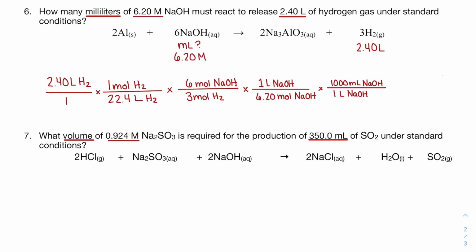Make sure that you're either putting that in parentheses, hitting divided by, and then putting parentheses around 22.4 times 3 times 6.20, or take your answer from the top and individually divide by the numbers on the bottom. When you do that, your answer should be 34.6 milliliters of sodium hydroxide.